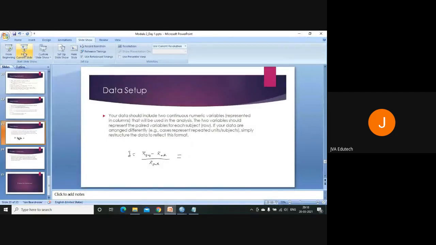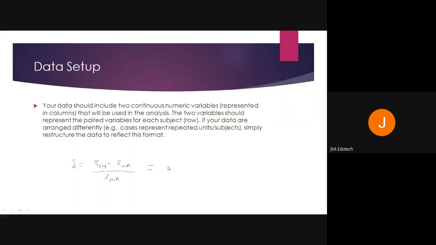So it will be 82.74 minus 65.44 upon 65.44, which is equal to 0.26.